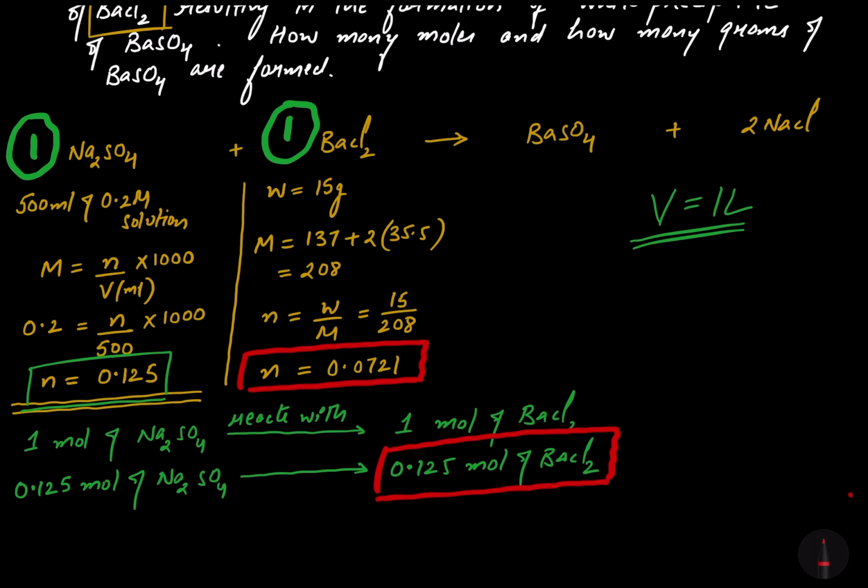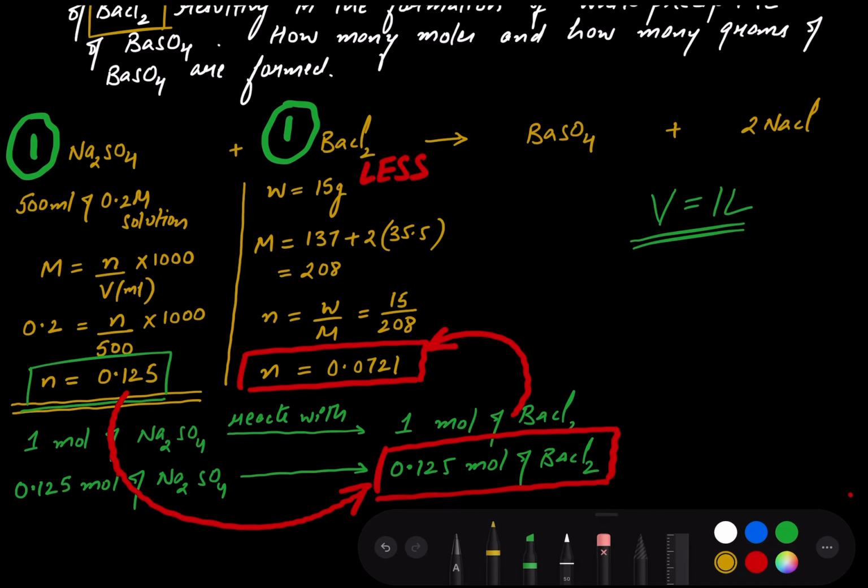Now again, 0.125 moles of Na2SO4 requires 0.125 mole of barium chloride for complete reaction, but we are available with only 0.0721. That means according to the number of moles, barium chloride is less, so it will get consumed first. The 0.0721 moles will get consumed first, then Na2SO4. So obviously my limiting reactant comes out to be barium chloride.